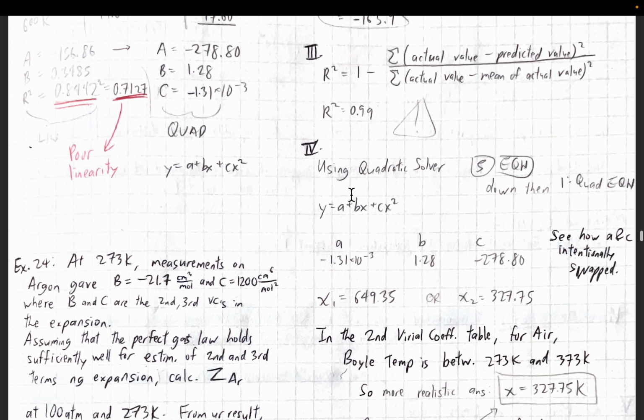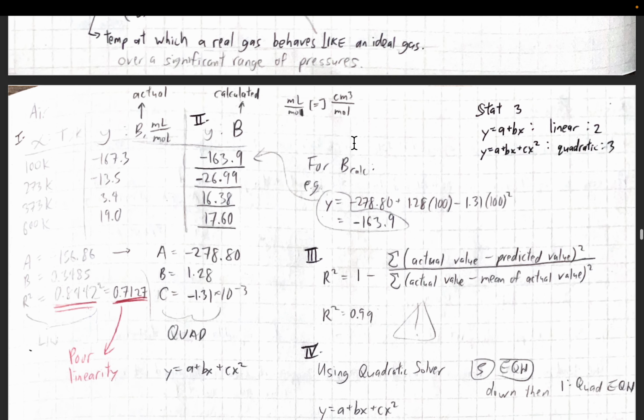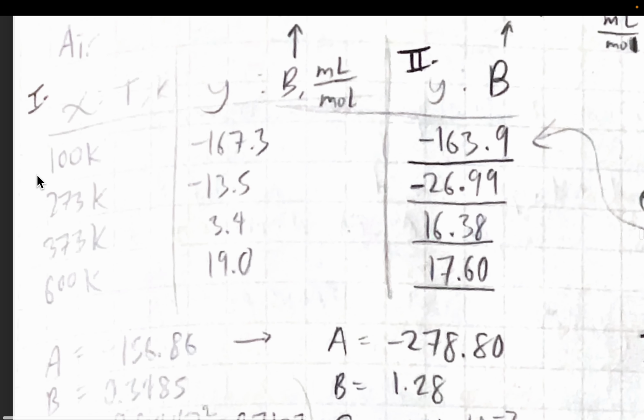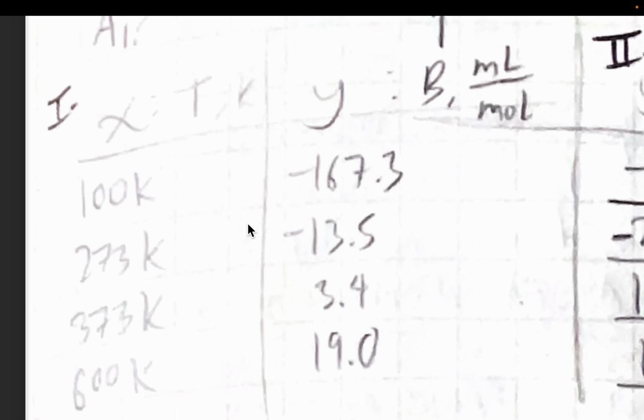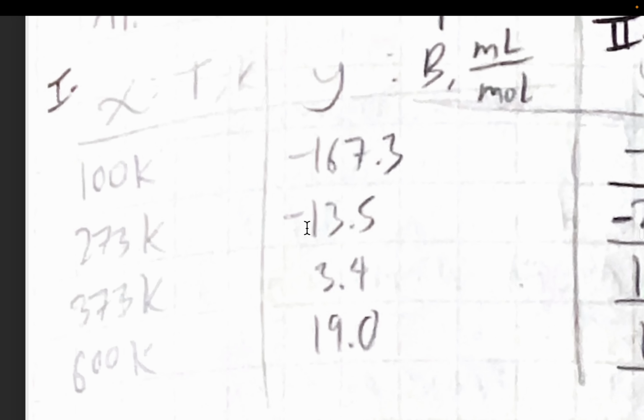So after that, you just use the quadratic solver, and then you'd find x sub 1 and x sub 2 values. How do you choose which is the right answer? Looking back at the given literature values, notice when the second virial coefficient went from negative to positive.